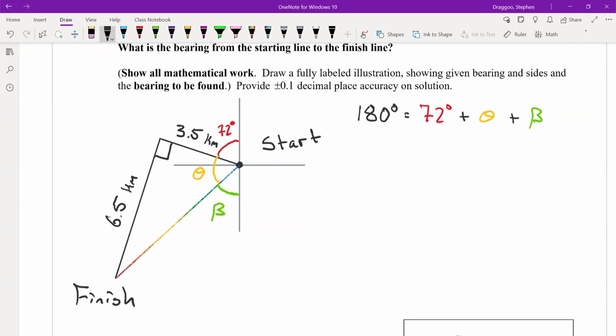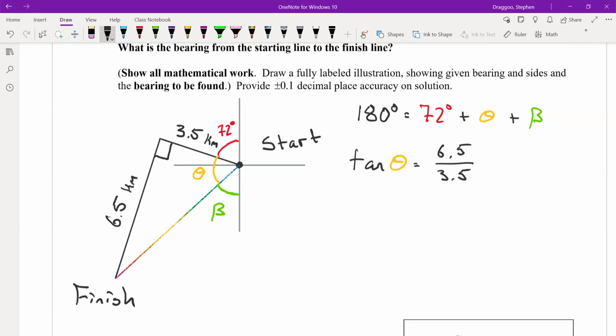So my opposite side is 6.5 kilometers. My adjacent side is 3.5 kilometers. So I should set up a tangent equation, since that's the trig function that relates opposite and adjacent together. 6.5 over 3.5.